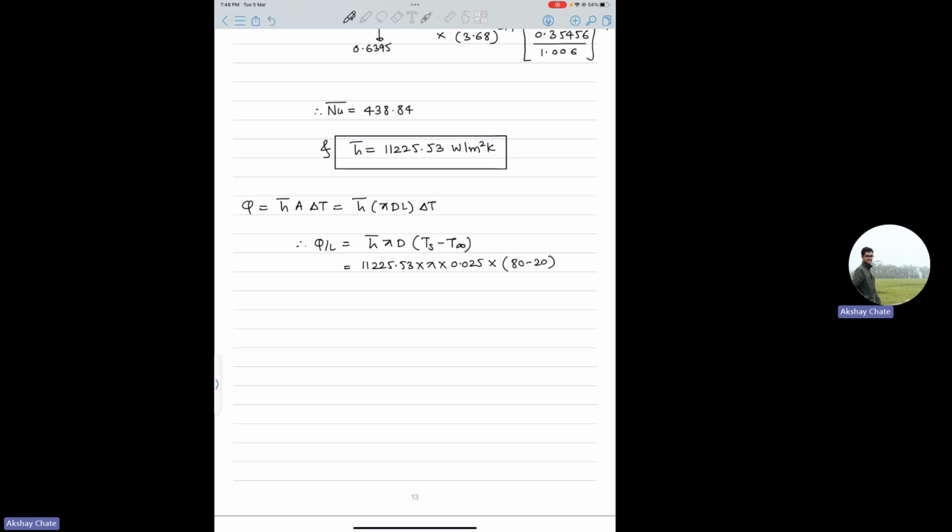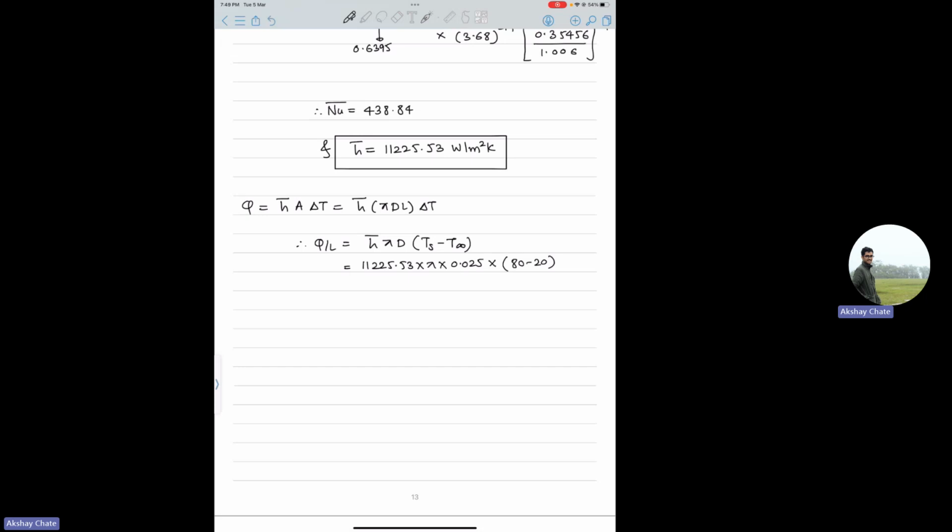So if you do the calculation, I'll just quickly check. 60 into 0.025 into pi into 11225.53.